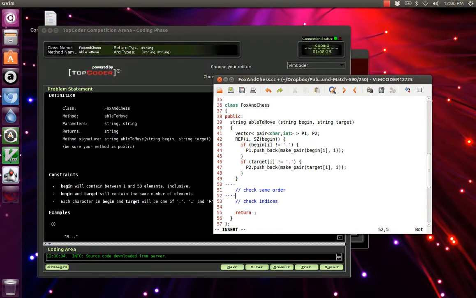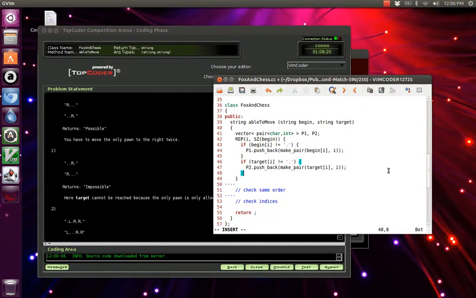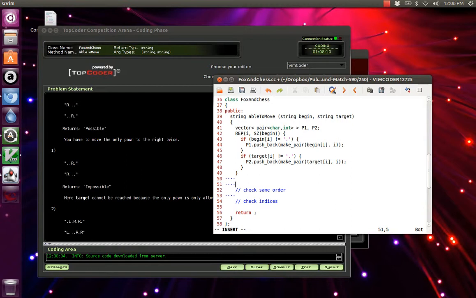So I'm writing code comments. I wrote "check same order". Okay, so what does that mean?